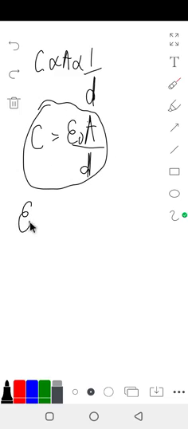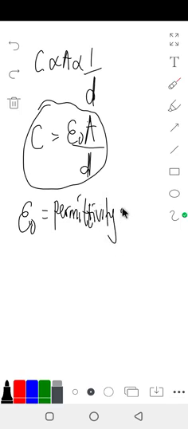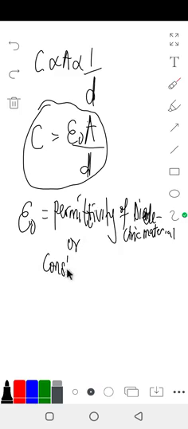Where epsilon naught is the permittivity of dielectric material.